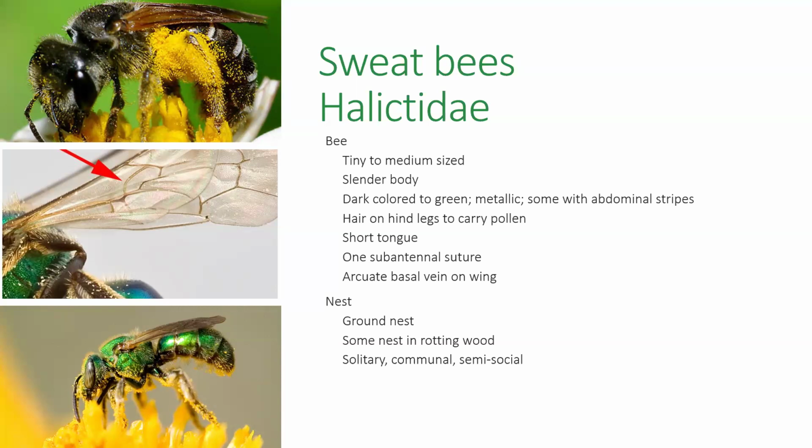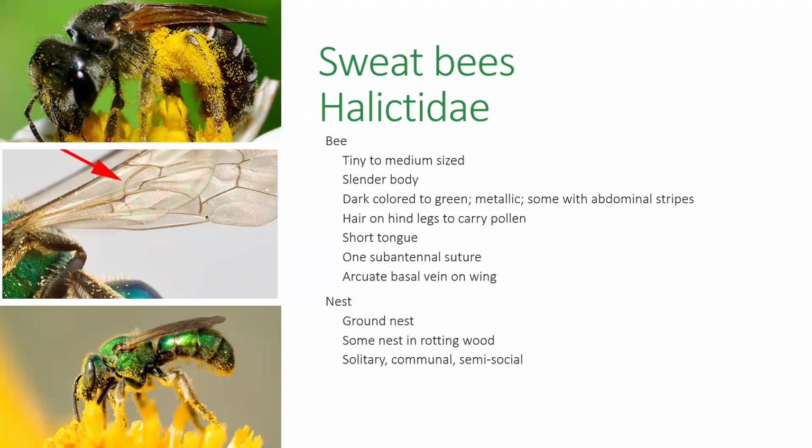These are going to have hair on their hind legs that they will use to carry pollen. They are another short-tongued bee. And this one, if you look at the middle picture there, that arrow is pointing to the basal vein on the wing. That is one of the characteristics that we look at in a dichotomous key.